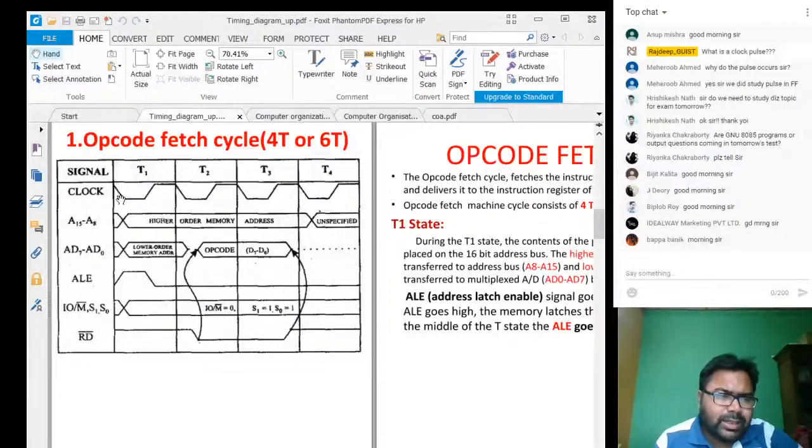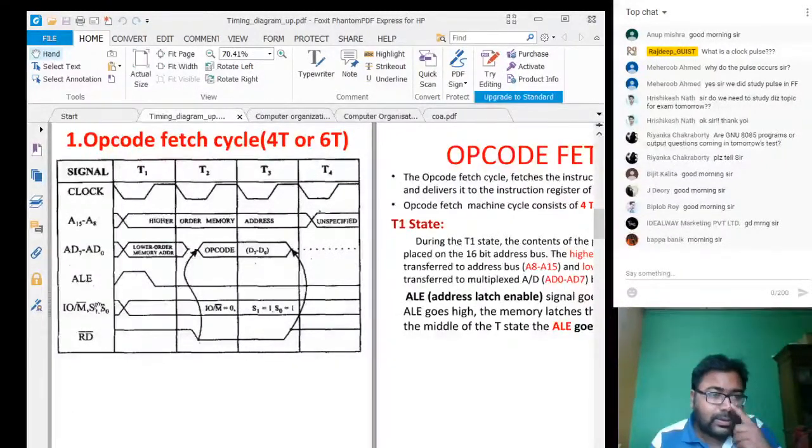In T1 and T2, you have the lower order memory address on one part, and the higher order memory address on the other. In the T1 state, the CPU is placing the address on the system bus.